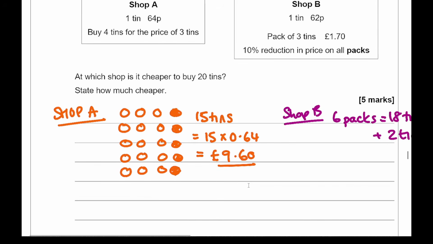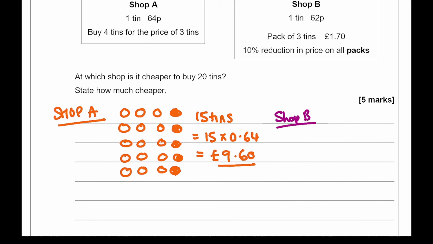I've just realised I've gone off the screen, so let me just correct that. Now for shop B, as I said, I'm going to need 6 packs of 3, which equals 18 tins, and I'm going to need 2 tins on top of that.